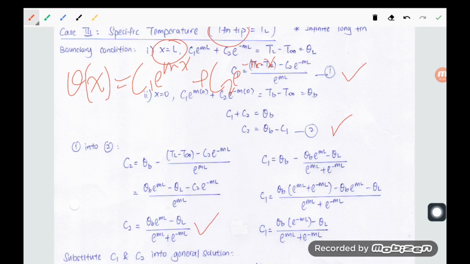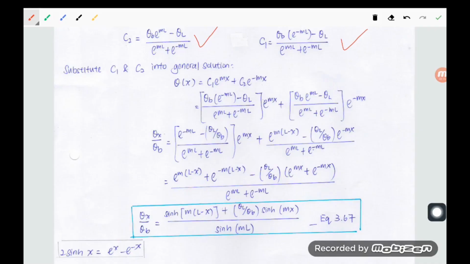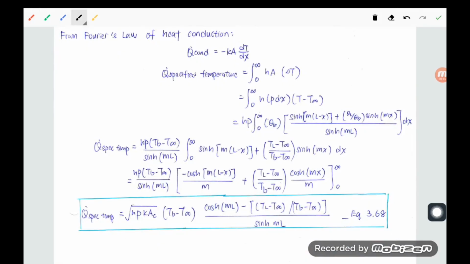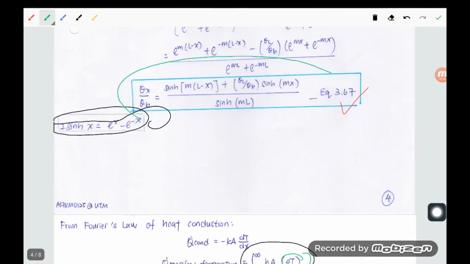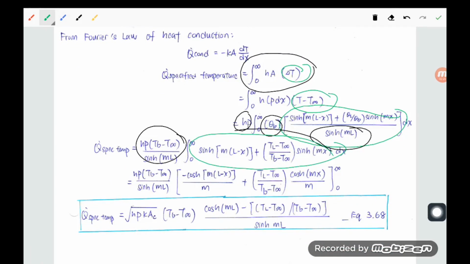After we rearrange, we get C2 and also C1. Then we substitute the C1 and C2 we get, and we will get equation 3.67. So for the delta T from equation 3.67, we will get 3.68.